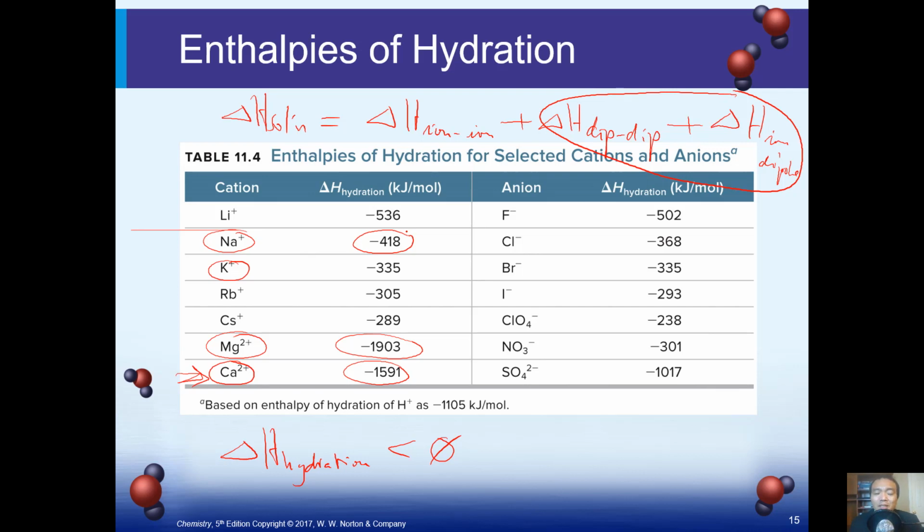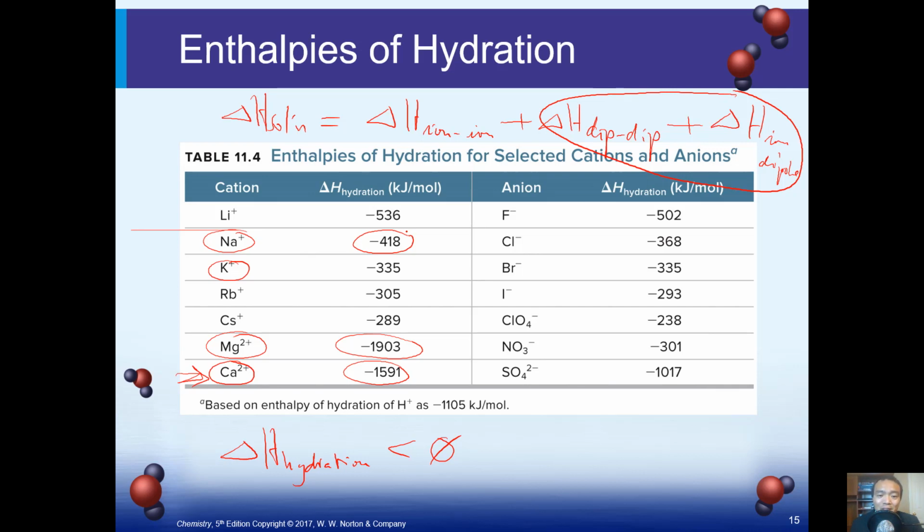Let's quickly summarize what we have learned for this small section. So when you dissolve an ionic compound, for example, table salt, into water, we can theoretically break down the dissolution process into 3 steps. First is the separation of the solute. That means you break up the ions. The second step, you break up the solvent, which has dipole-dipole interaction. Then the third step, you mix up the ions with the polar solvent.